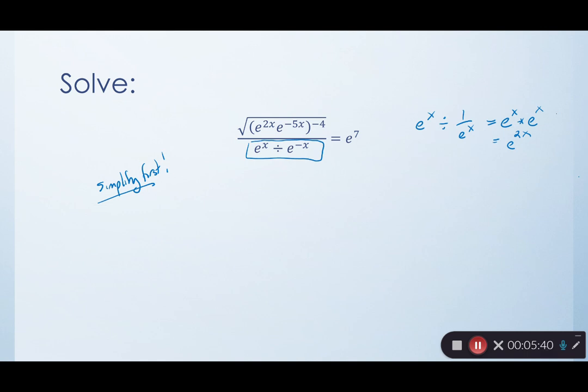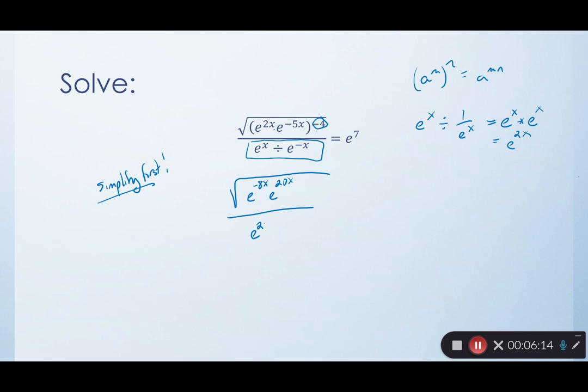Okay, so we've got the bottom simplified. Now the top, we've got a square root. We're going to distribute, because this is a product, so we can say e to the 2x to the negative 4. So that would be e to the negative 8x. And e to the negative 5x to the negative 4 would be 20x, because when you raise a power to a power, you multiply, right?